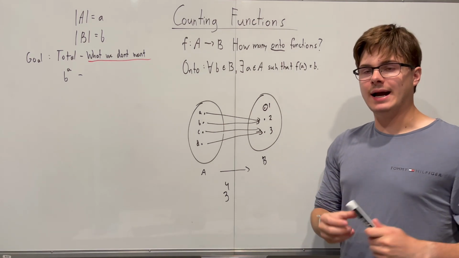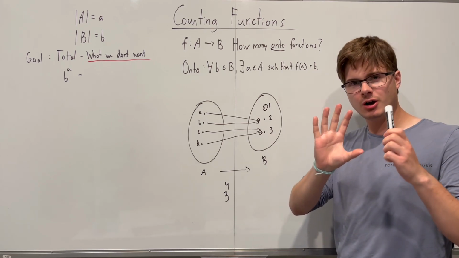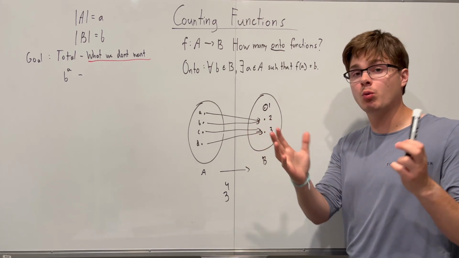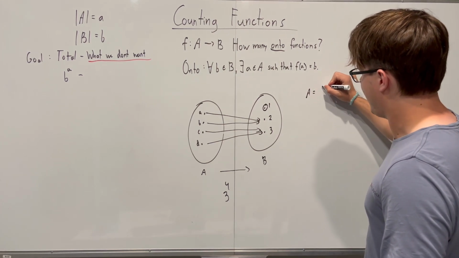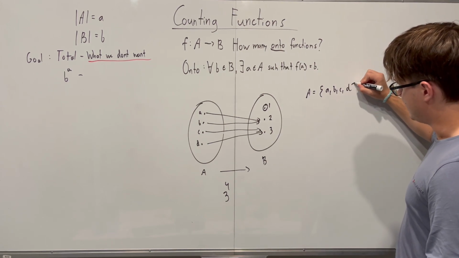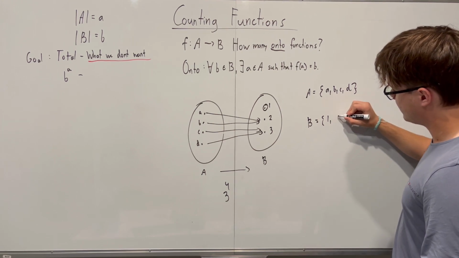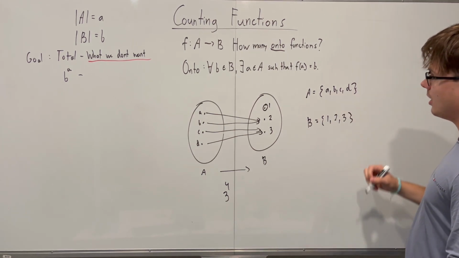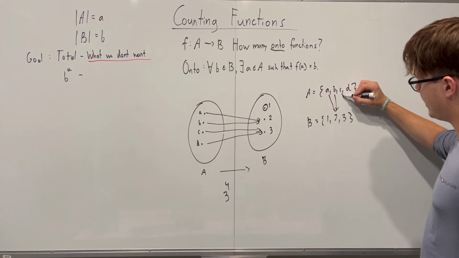Well, here's the way I like to describe it. This is not concrete or really correct, but it works. So when we're taking our set A, in this case containing the elements A, B, C, and D, and we have a set B containing the elements 1, 2, and 3, what we notice is we're mapping these like this, right?